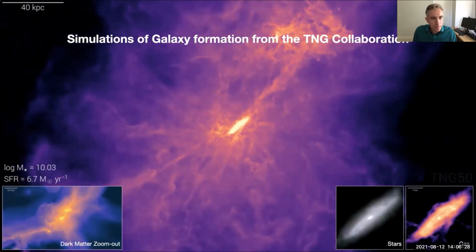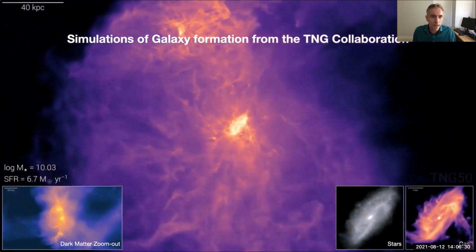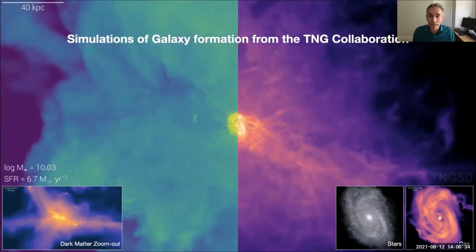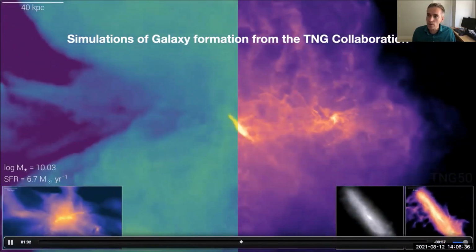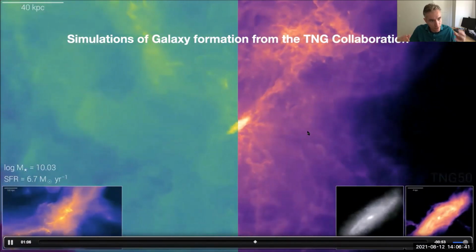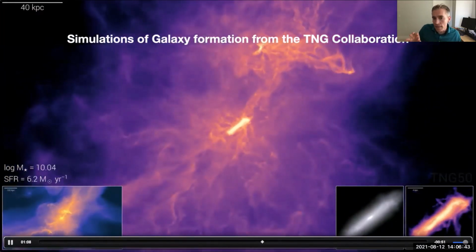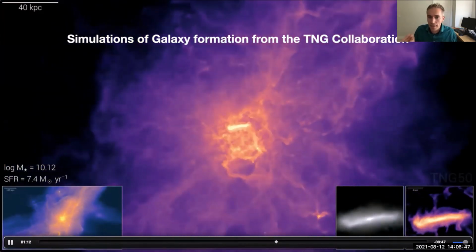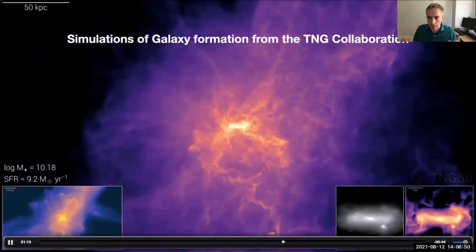The lower left-hand panel is showing you the dark matter in the galaxy. That's what's actually setting where these galaxies are forming, the gravitational potential that gas falls down into. And in the lower right-hand panel, you see a panel for stars and a panel tracing out what the visible gas would look like.